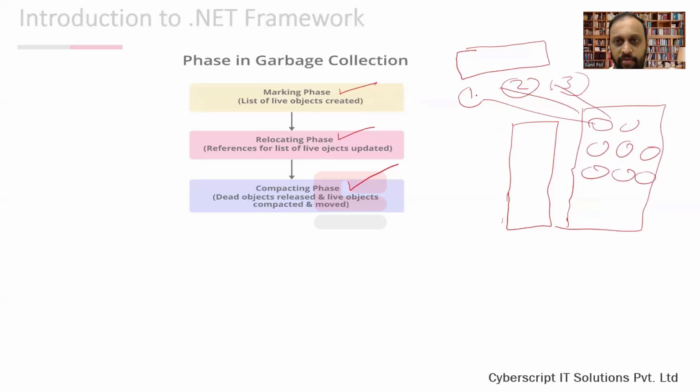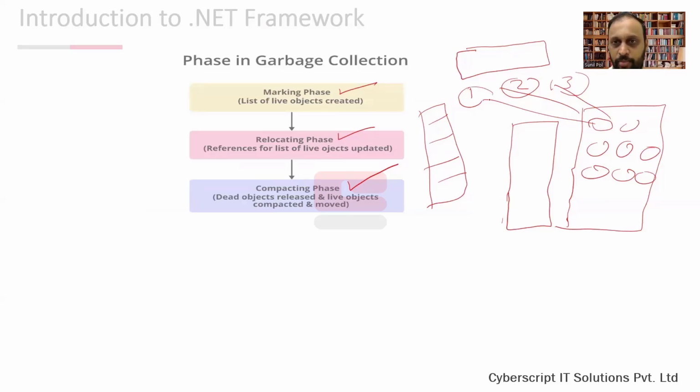If these objects are referred by an application root, then they would be considered live objects, and garbage collector will make a list of those objects, which is also called the list of live objects. In the second phase, that is the relocating phase, garbage collector will update only the reference variables from the stack and not the actual objects from the memory.